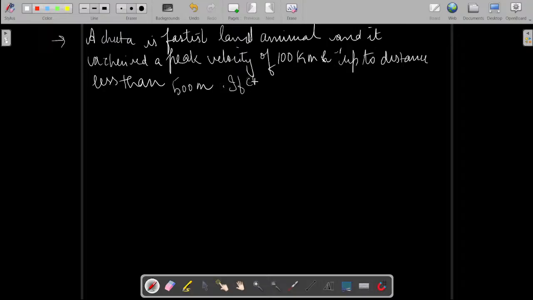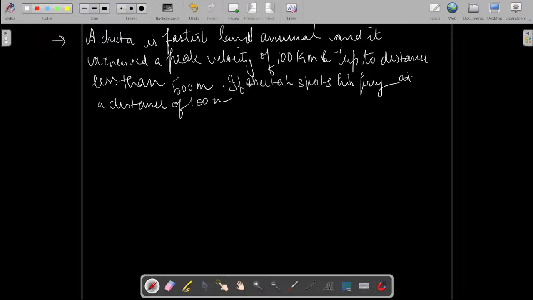If the cheetah spots its prey at a distance of 100 meter, what is the minimum time it will take to get its prey?